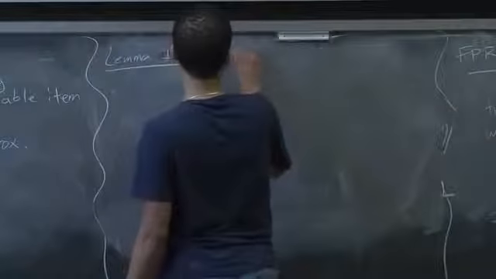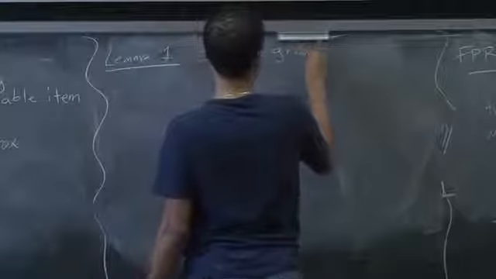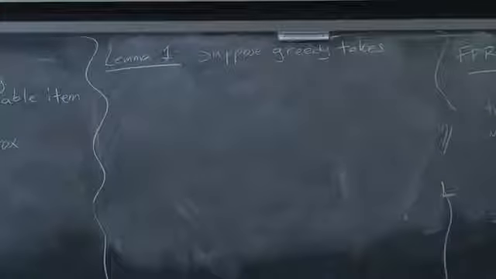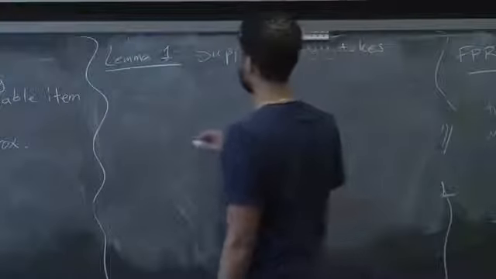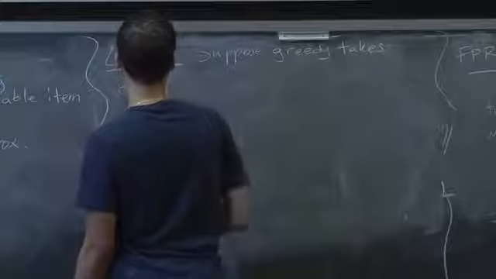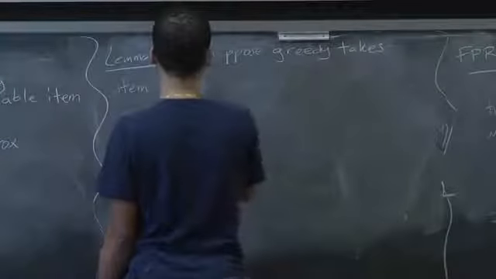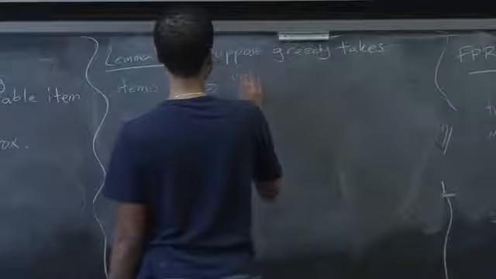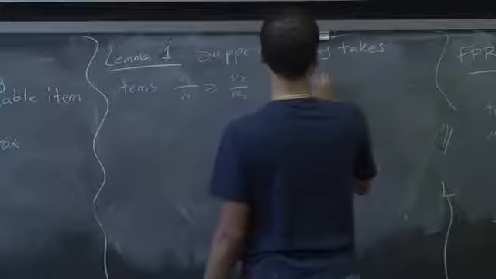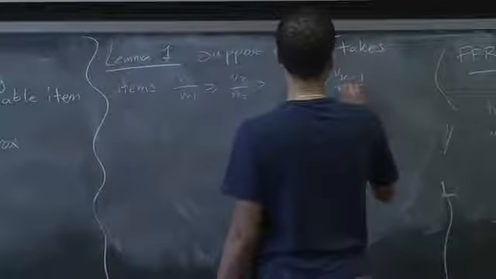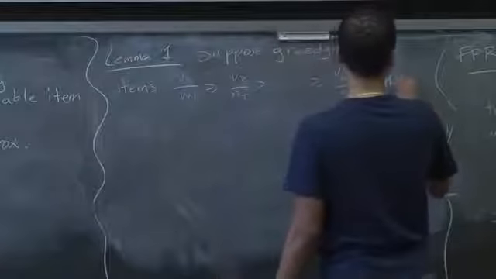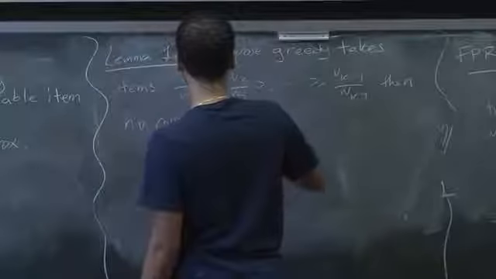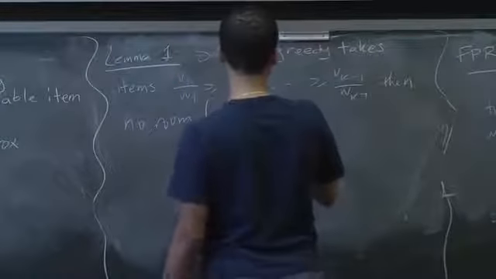Suppose greedy takes items v1 over w1 greater than or equal to v2 over w2 greater than or equal to vk minus 1 over wk minus 1, then no room for the kth item.